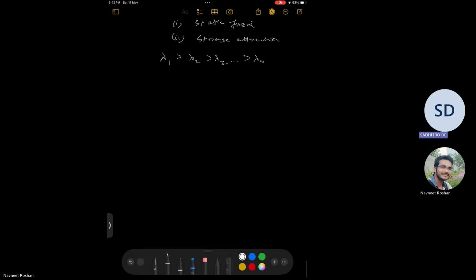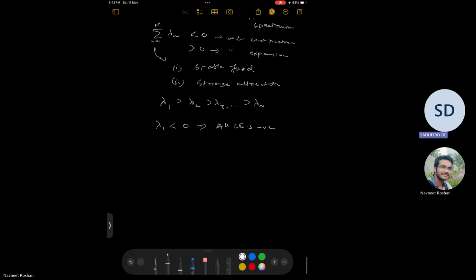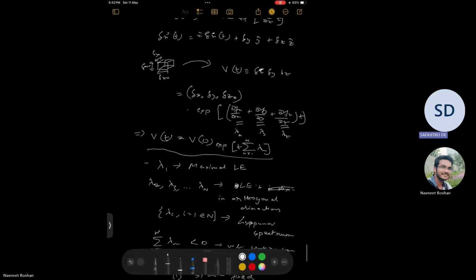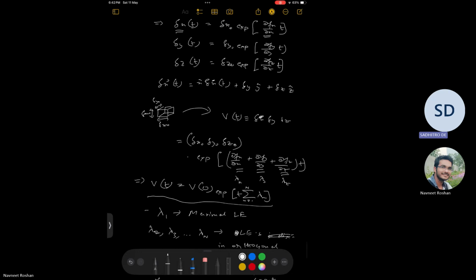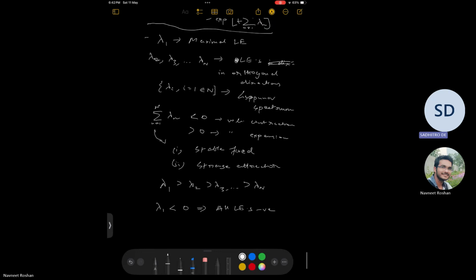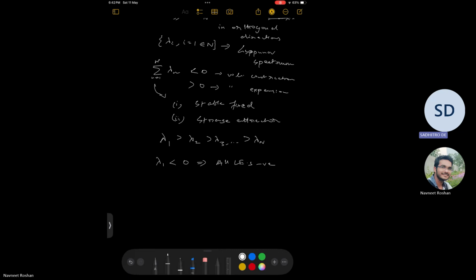Okay, so if lambda 1 is less than 0, that means that all the exponents, all the LEs, are negative, right? When this happens, it implies that if you look at the individual perturbations, del x, del y, del z, each and every perturbation will ultimately decay to 0.